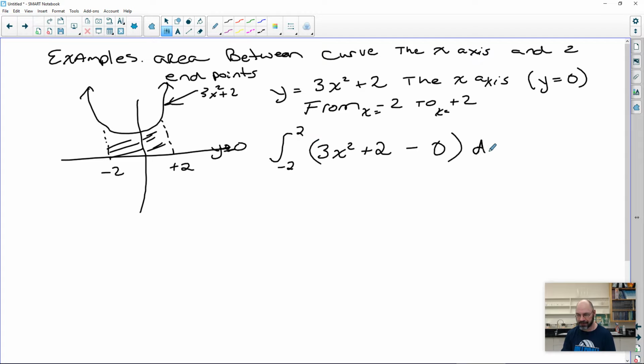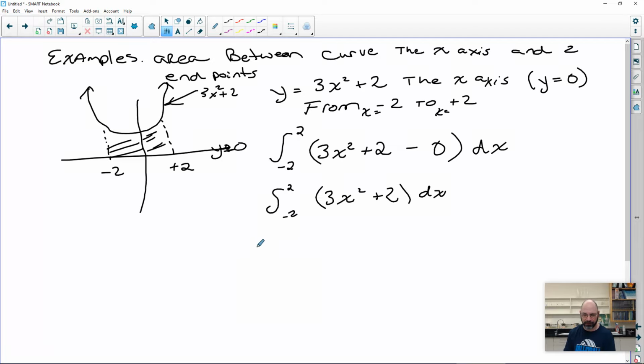And then dx. So that's pretty easy. So that's the area equation. So now what we do is we integrate this equation, which is just going to be 3x squared plus 2 dx.